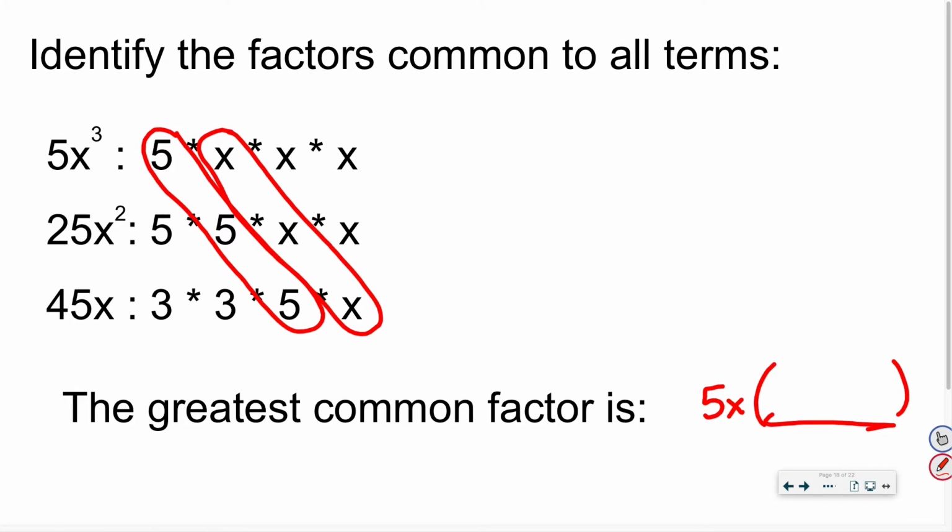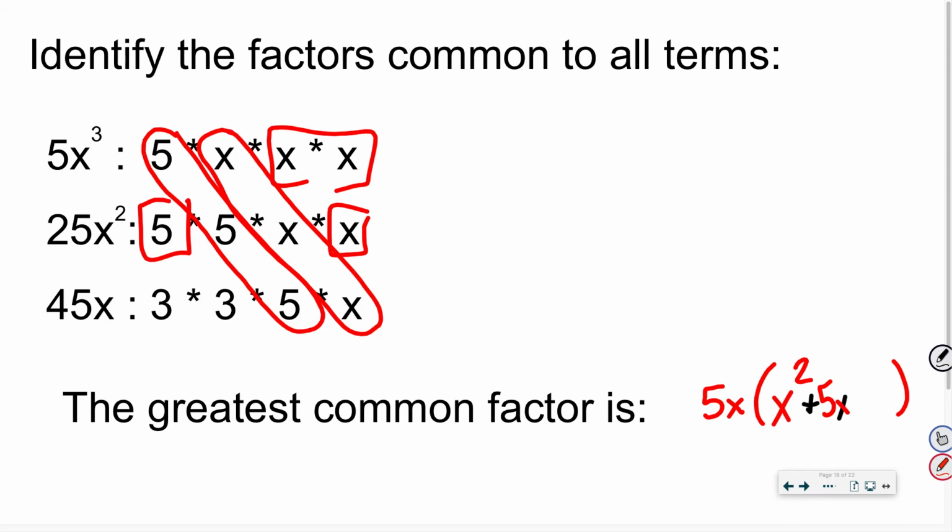How do you think I'd find what goes inside? If I identified my greatest common factor, how can I find what's inside? Everything else. Yeah. So what's left from this term? x squared. What's left here? 5x. And what's left here? 9. Just 9. That's how we can find it.